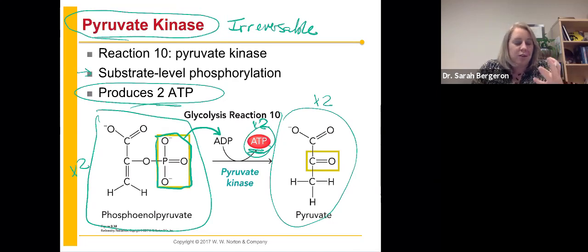So now those negative substrates are stuck inside of the cell, they can't leave, and we're able to get 2 net ATP molecules out of this. So it's important that you know where you are investing ATP, where you are getting ATP out, which reactions are reversible, which reactions are irreversible, and at which stage you are controlling the overall flux of the entire pathway.